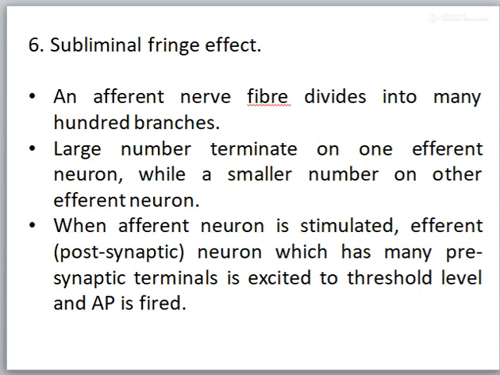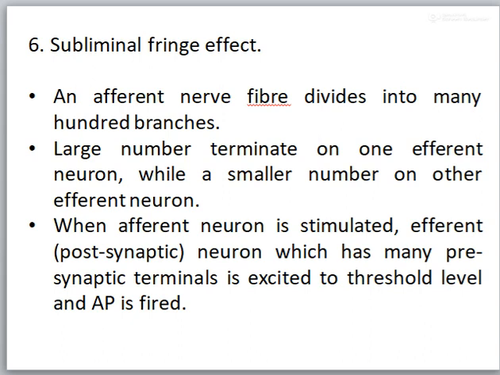What is subliminal fringe effect? An afferent fiber divides into many branches, and these branches terminate on one efferent neuron, while a smaller number of branches terminate on other efferent neurons.